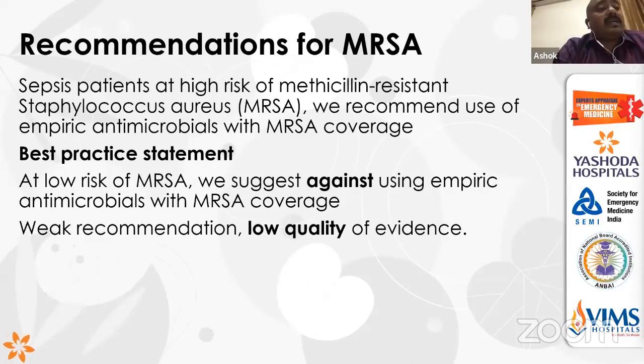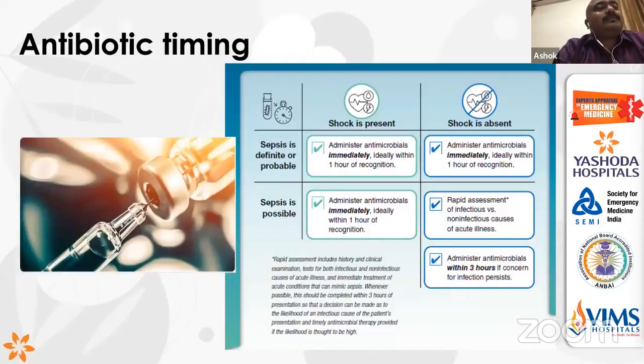Invasive BP monitoring is necessary, and vasopressors peripherally have to be initiated as early as possible, but must be switched to a central line as early as possible. That is important. And vasopressin is a very important drug which is gaining popularity, but there are very few studies. Probably in the next guidelines, we can have strong studies of vasopressin. And then along with your, go to the next slide, I'll explain that there.